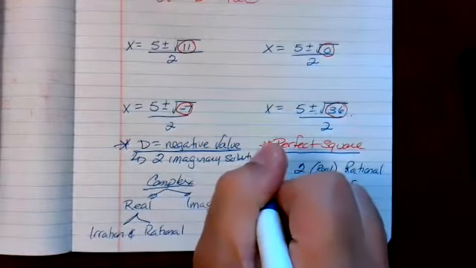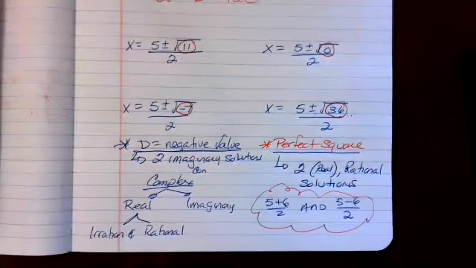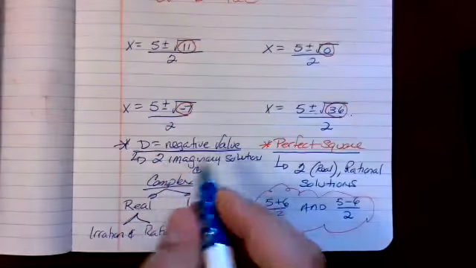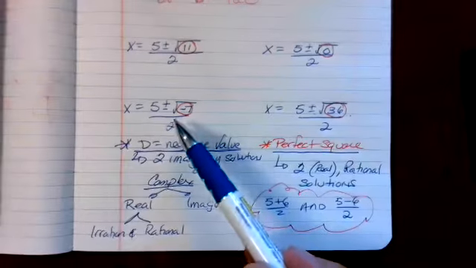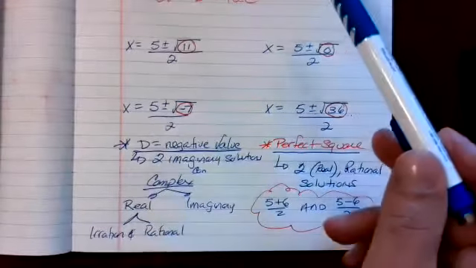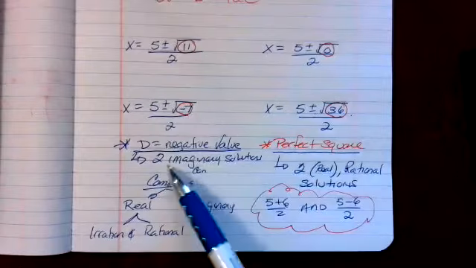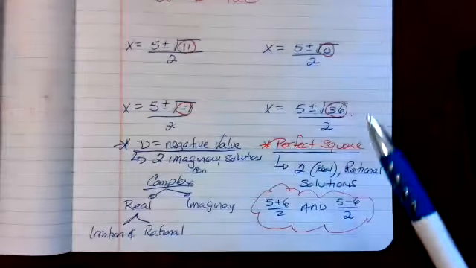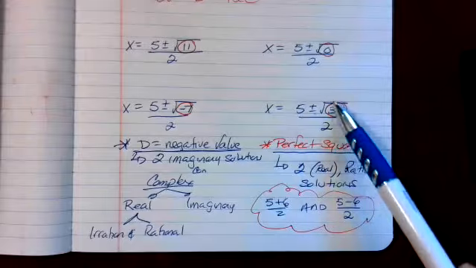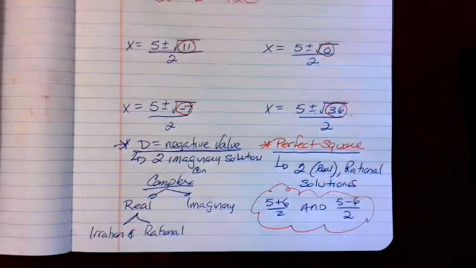Some textbooks say complex solutions that contain i. But really what's going on here is you have 2 imaginary solutions. Anytime the discriminant is negative, you're going to have 2 imaginary solutions. Anytime your discriminant is a perfect square, you're going to have 2 rational solutions.